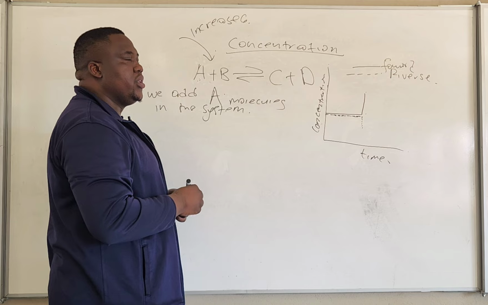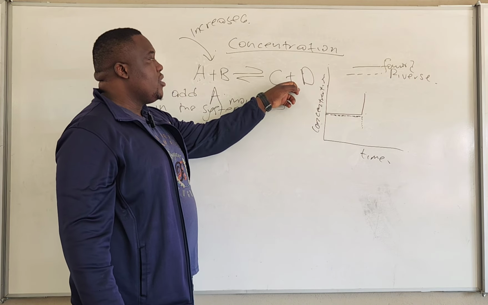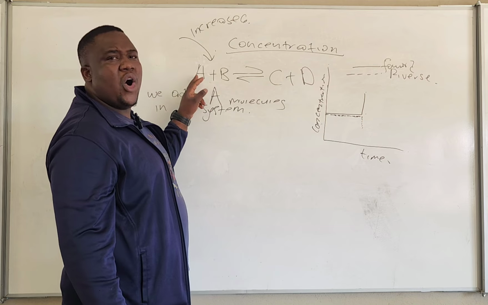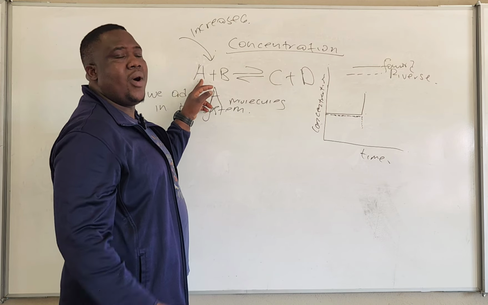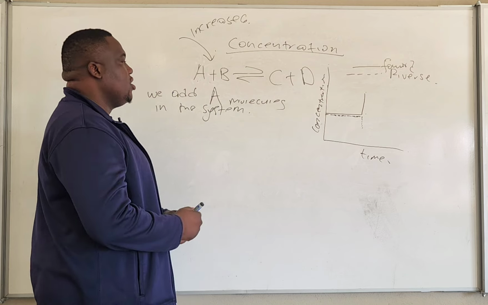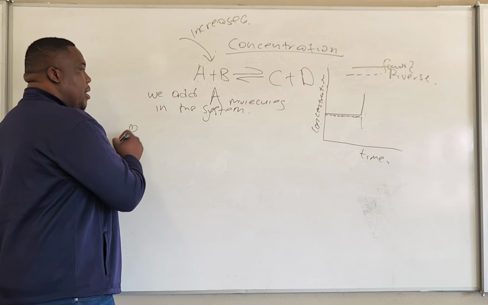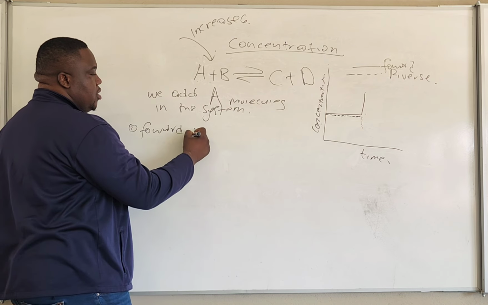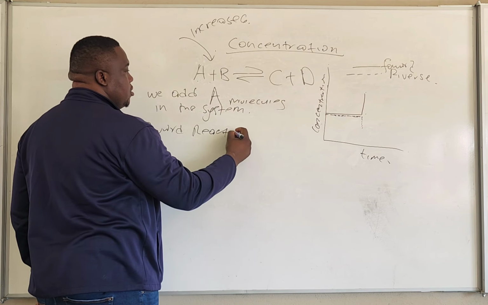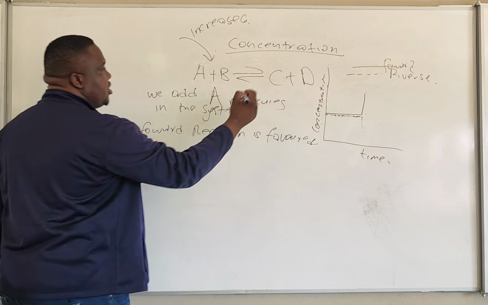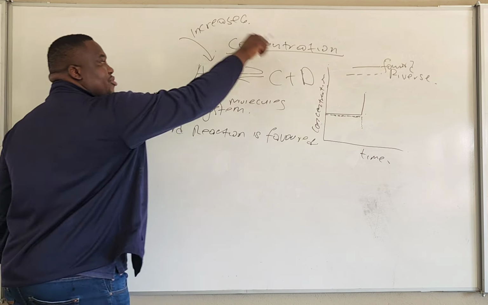Why do we need it to decrease? Because if the reverse reaction increases, it will form more of A, and we don't want A. We want to get rid of A so that the reaction can return to equilibrium. You understand? So, number one, the forward reaction is favored.